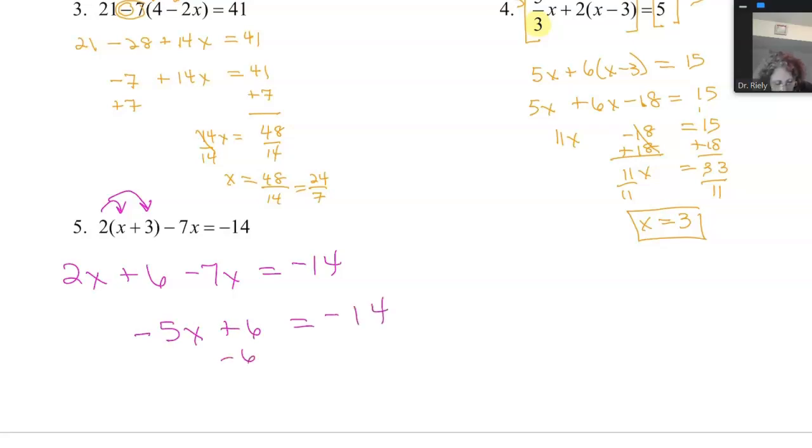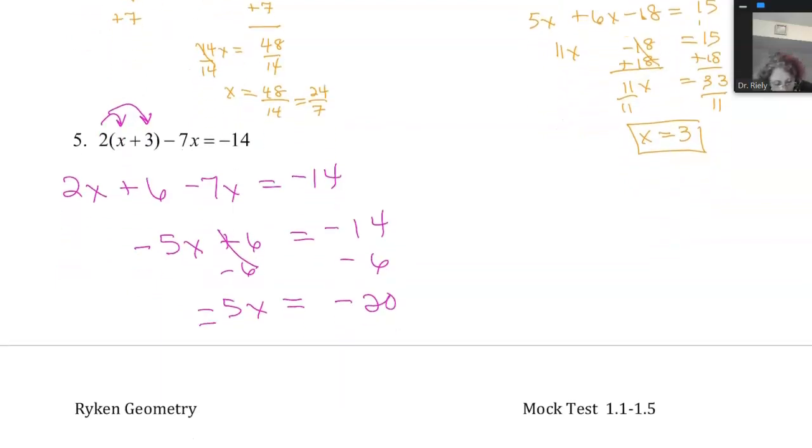To move the 6, do the opposite operation. That's gone. Negative 5x equals negative 20. Divide by a negative 5 so that your x is isolated, and you're going to get a positive 4 for your answer. So x is 4.